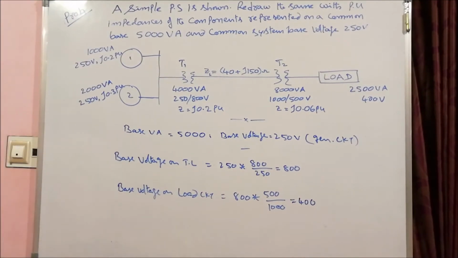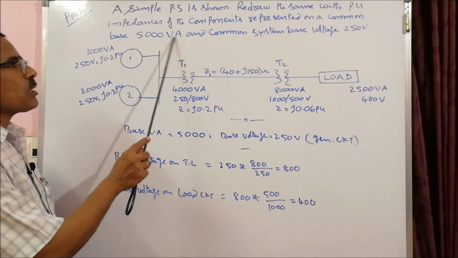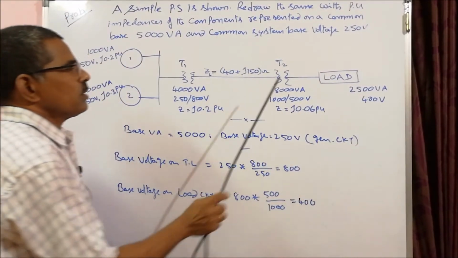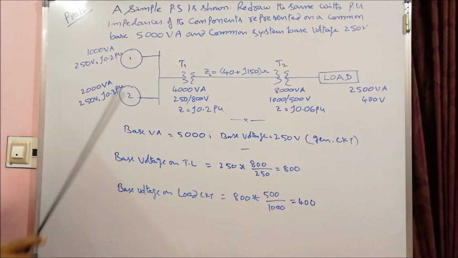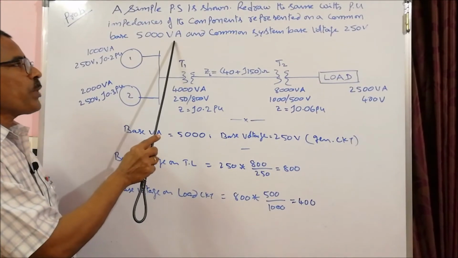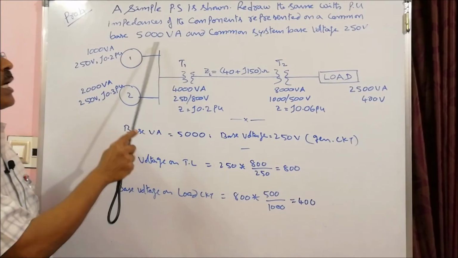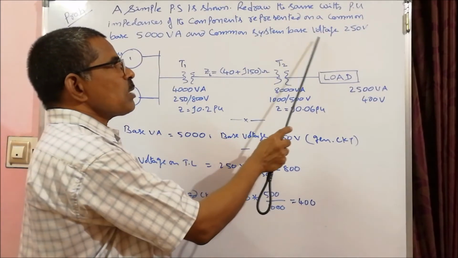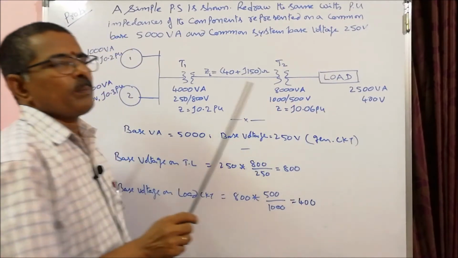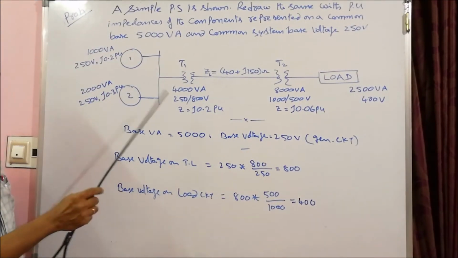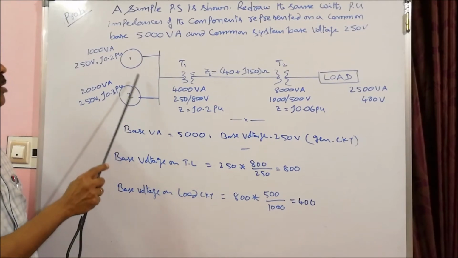So here, unlike MVA and kV bases, we directly use volt amperes and volts, as it is a small system. You are asked to choose 5000 volt amperes as the common base and the common system voltage base as 250. The system has two machines connected to a bus bar.